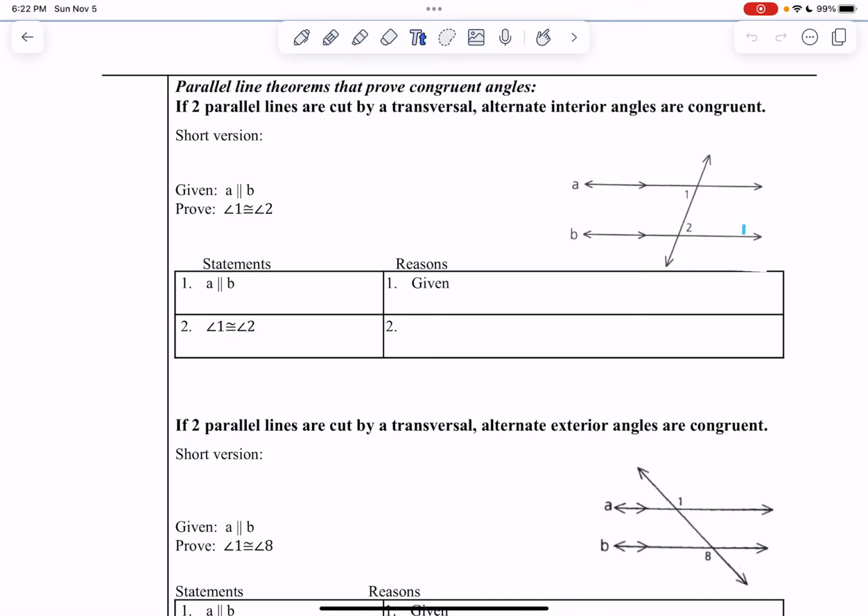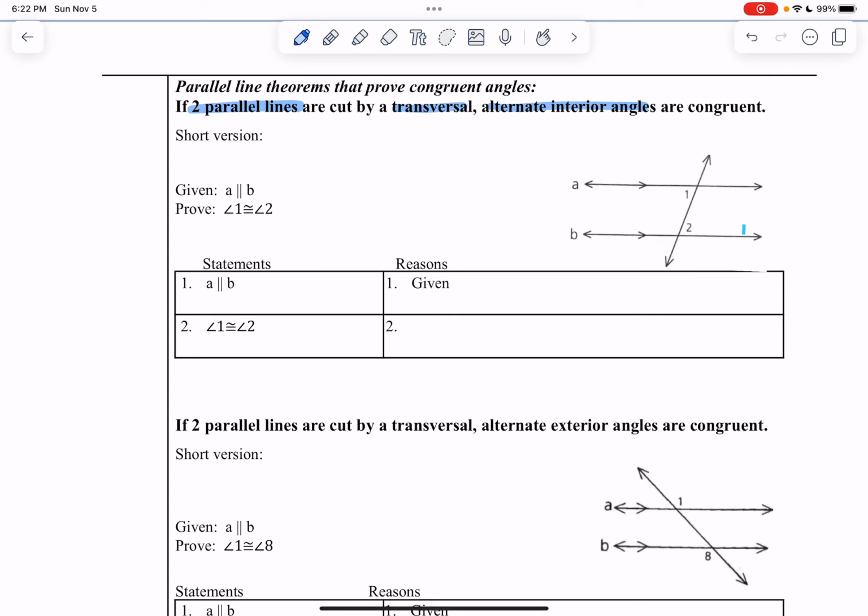We're going to finish up the parallel proofs that we started on Friday. So we have more parallel lines. We have parallel lines cut by a transversal, and we're talking about alternate interior angles. That's what we're trying to prove.